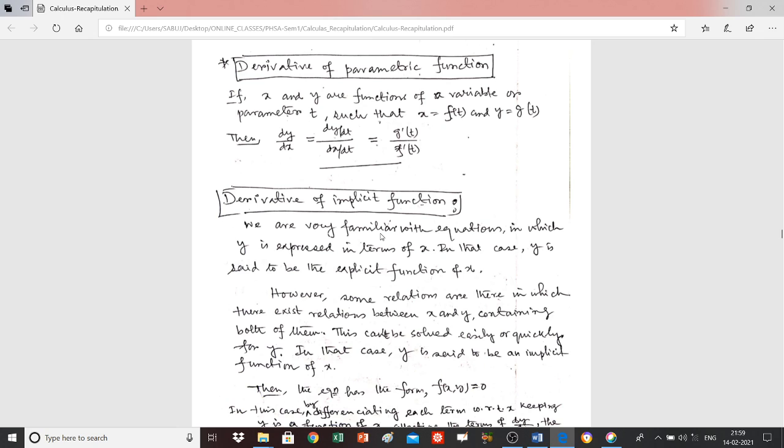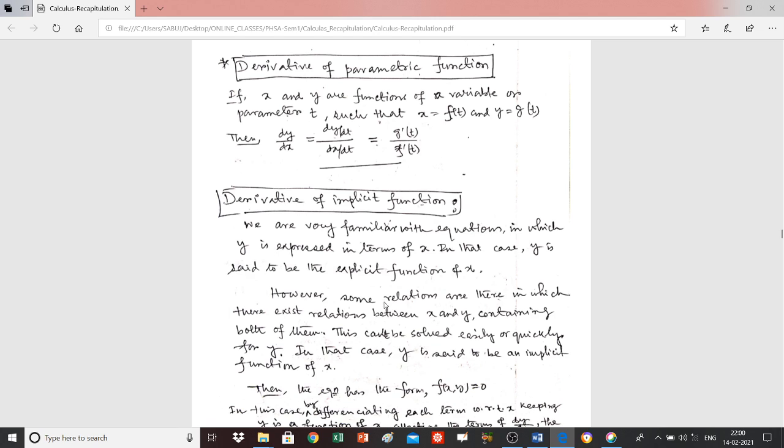In that case there is no mixing of y and x variables, so y is said to be an explicit function of x.